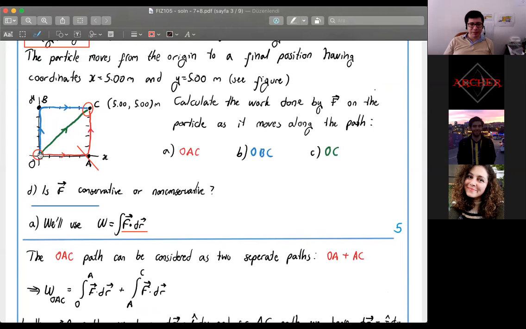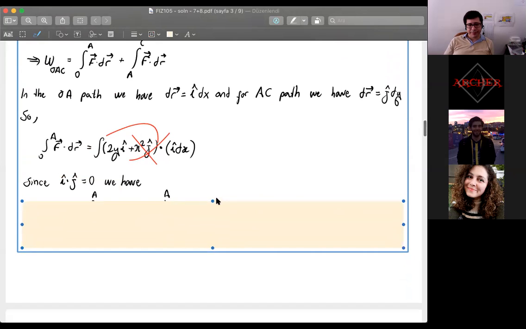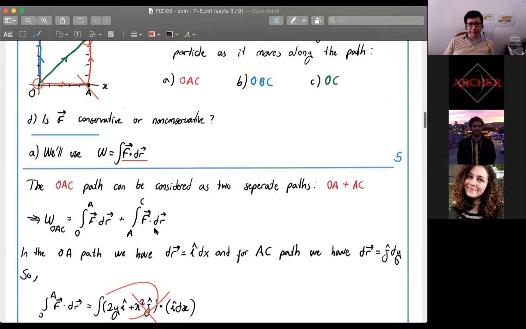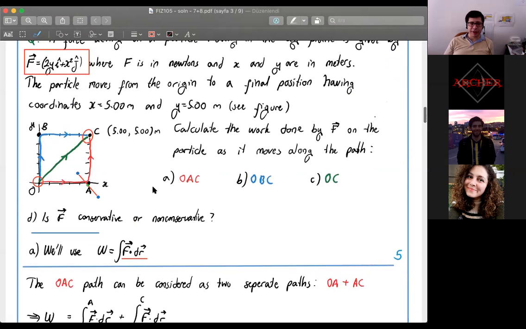See, because we are integrating along the horizontal axis. So that integral is just 0. There you go. No work is done in that part, O to A, as the object moves from here to here.